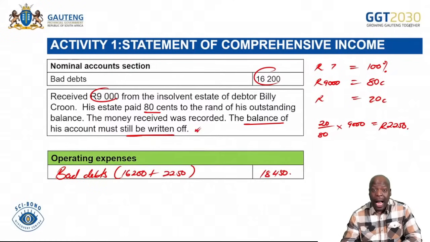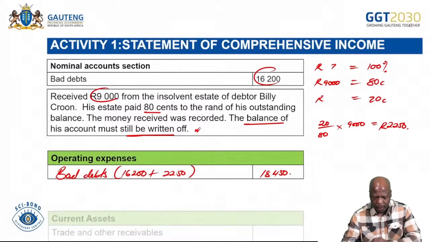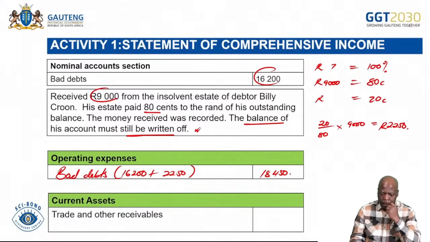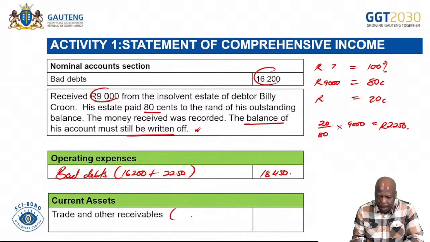So the next one is how this affects the statement of financial position. Okay, so I'm coming here to my trade and other receivables, whereby I would have my trade debtors. So I'll just come here on my debtors, which I'll be given.